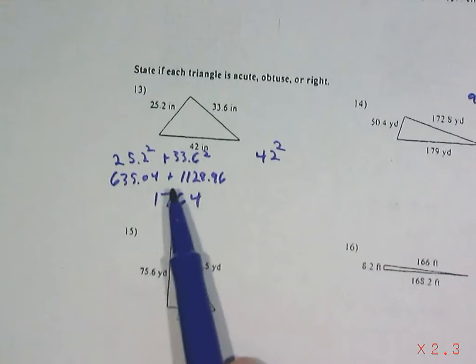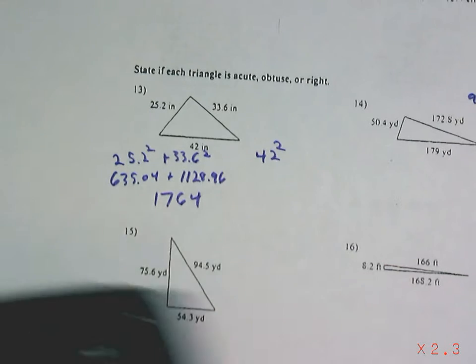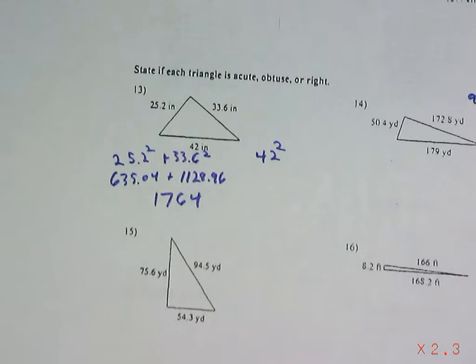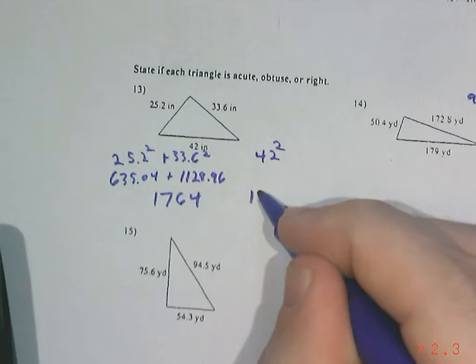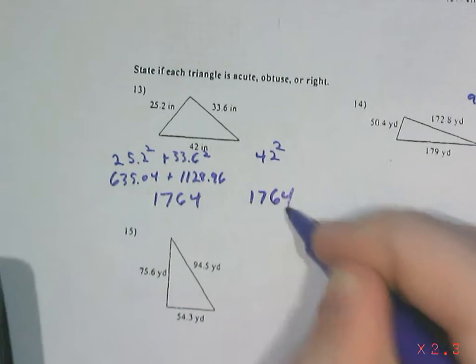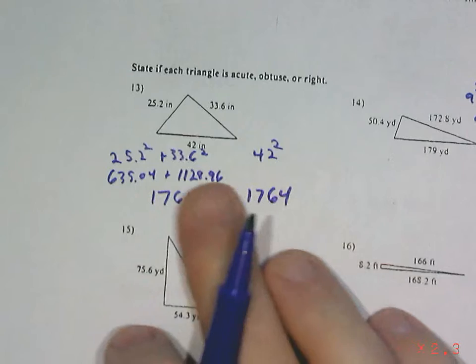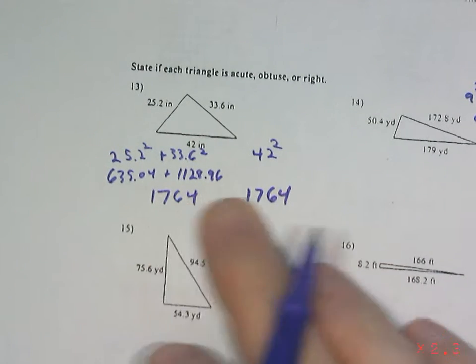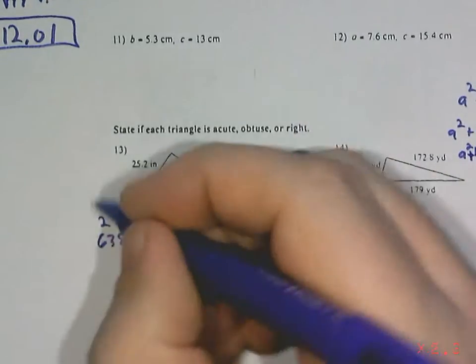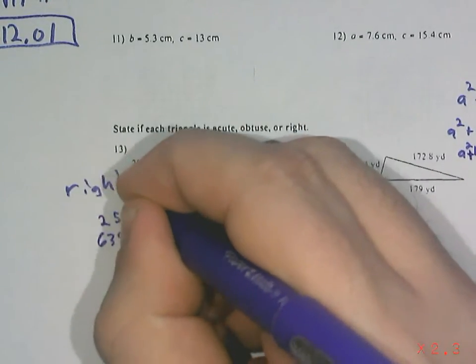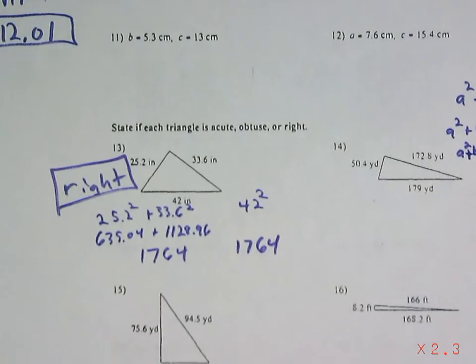So that's the two smaller sides squared and added together. Now let's square 42, which is also 1,764. So those two smaller sides squared added together are equal to the longest side squared, which means this is going to be a right triangle. So the answer is right.